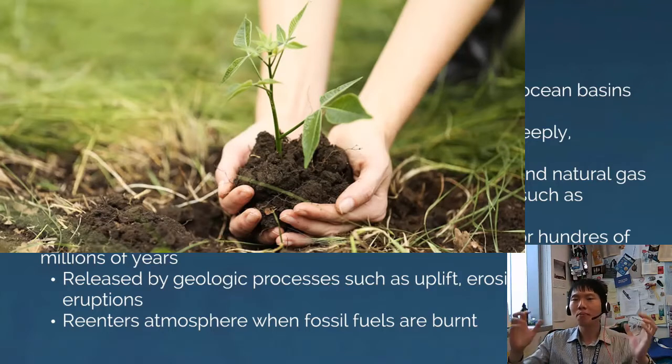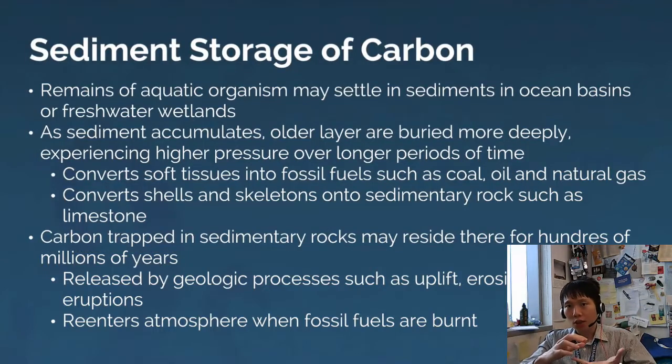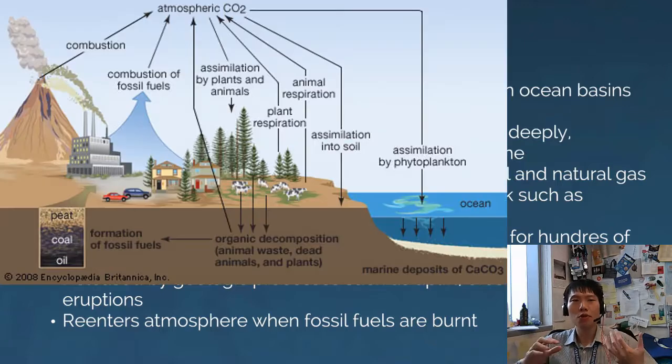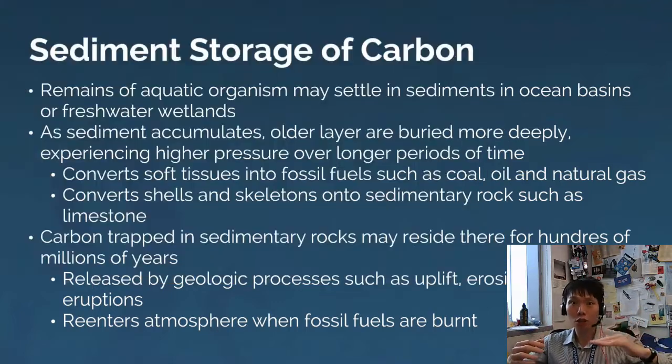Next, part two is the sediment storage of carbon. When aquatic organisms die, the remains, the carcasses, may settle in the sediments in the ocean basins or even freshwater wetlands. As the sediments accumulate and stack up, the older layers are buried more deeply, experiencing higher pressure over a long period of time.